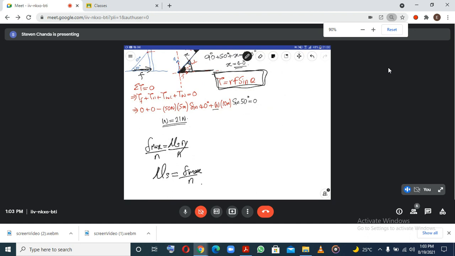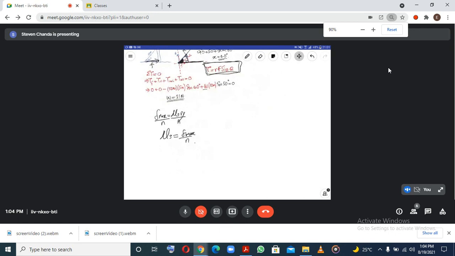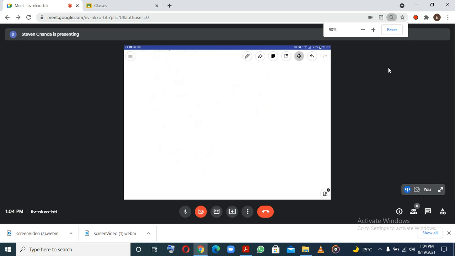So then what do we do now? Okay, so that's where we are now going to use our forces. You've seen we've used our torque to find that. Now let's use our forces.